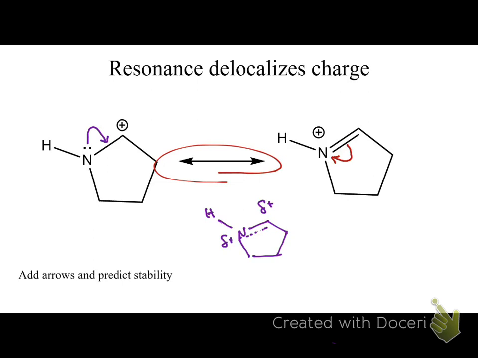So the point of delocalization is that it spreads that charge out, and the more charge you have in one place, the more reactive and less stable things tend to be. So if you can spread it out, it's more stable.